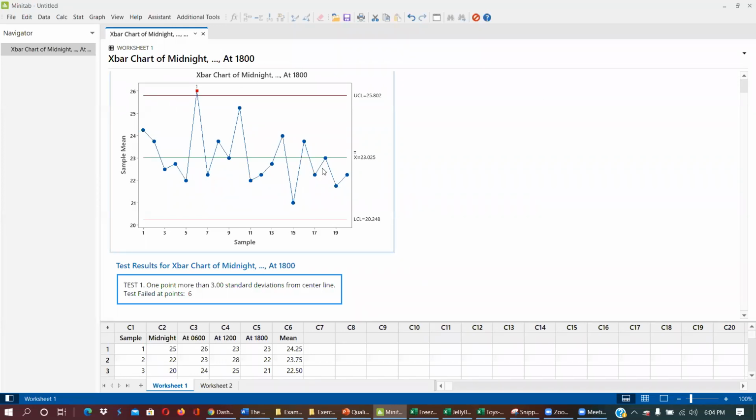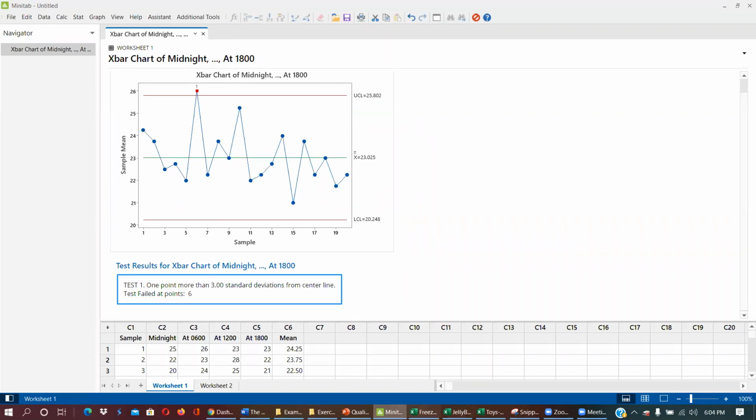So this process is not in control because the test failed at point number 6, which is going out of the upper 3 sigma limit. Therefore, we can't say this process is in control. Very simple. This is what we want to conclude.